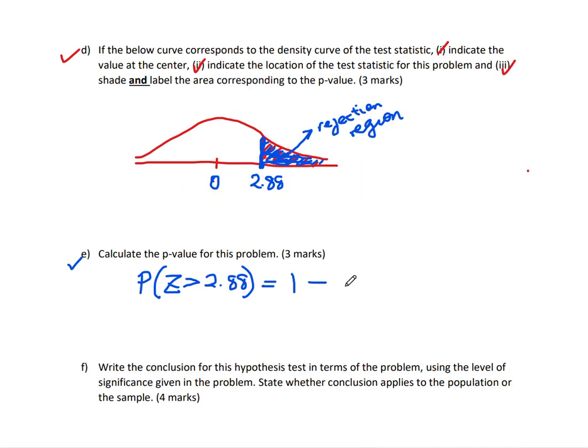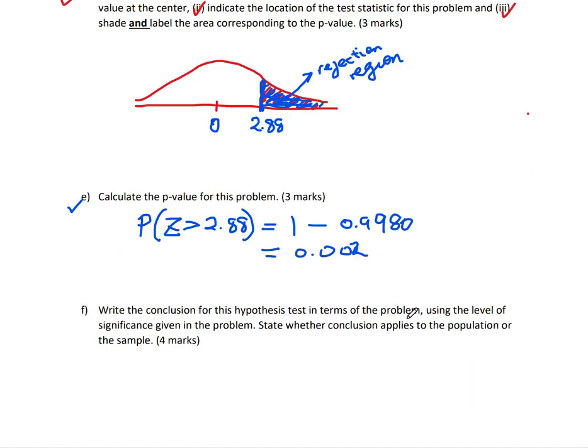It's 1 minus 0.9980, which gives us 0.002, or in other words, 0.2%. Move 2 decimal places to the right to get this into percentage, so the point would come in front of the 2. So that's the p-value of the test, guys.